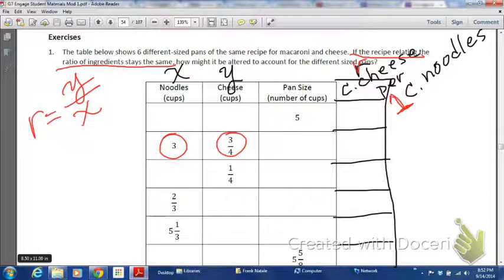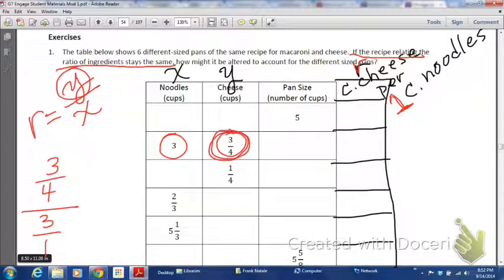So if I did Y divided by X, that would be 3/4 divided by 3 over 1. That's this 3/4, which is the Y there, divided by 3, which is actually 3 over 1, because we're making a complex fraction, so we do this consistently the same.